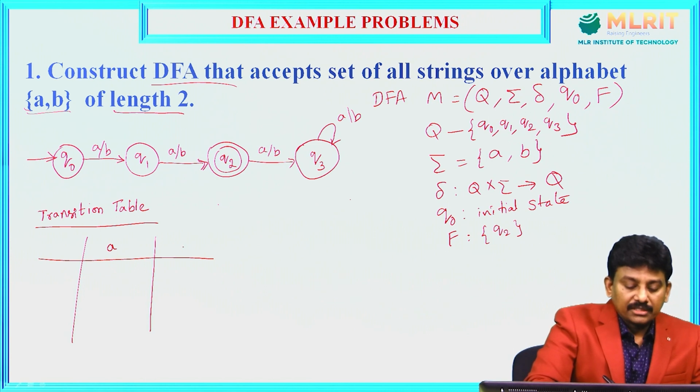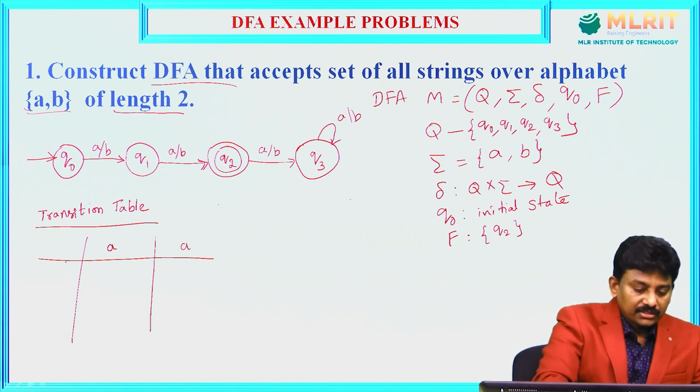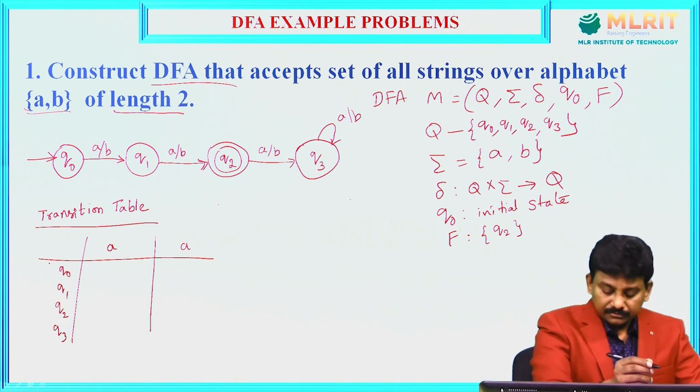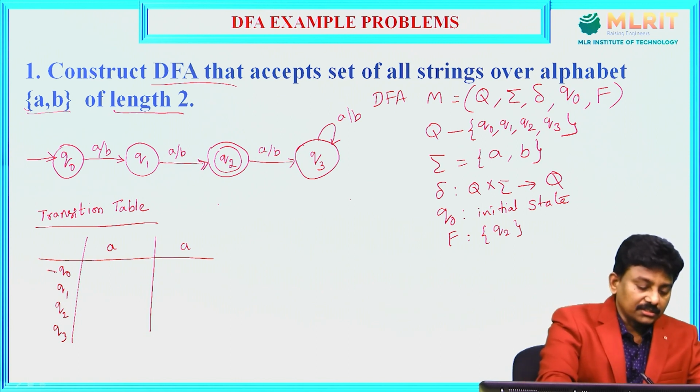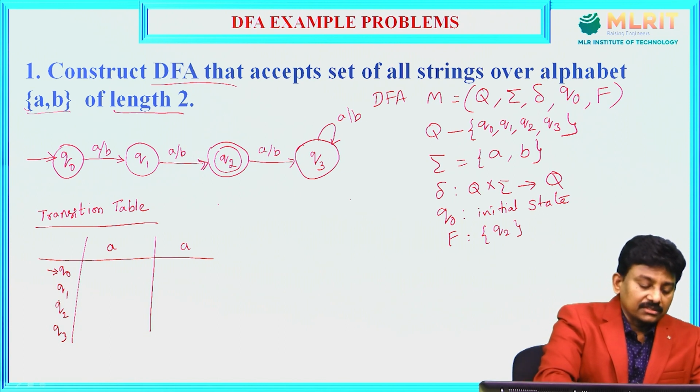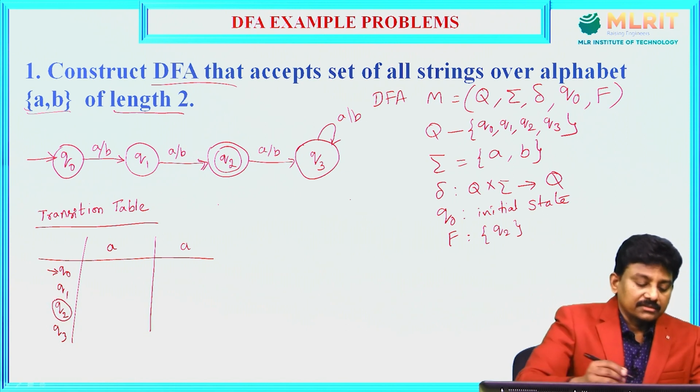Input symbols are A and B. For each state, we have a row representing that state: Q0, Q1, Q2, Q3. Q0 is the initial state, Q2 is the final state.